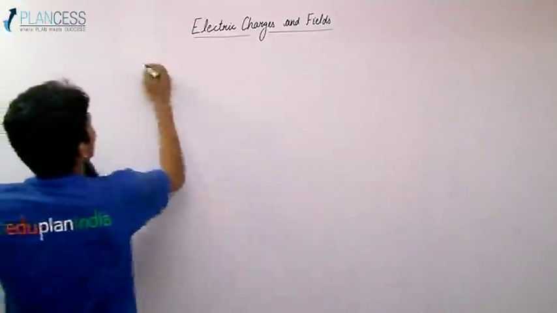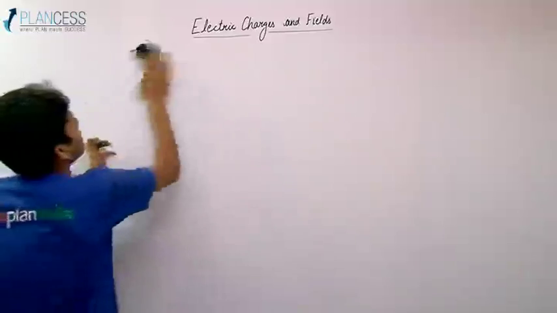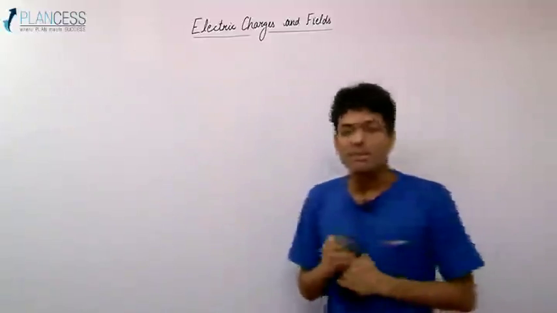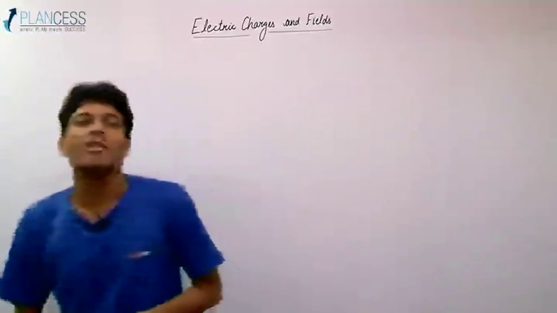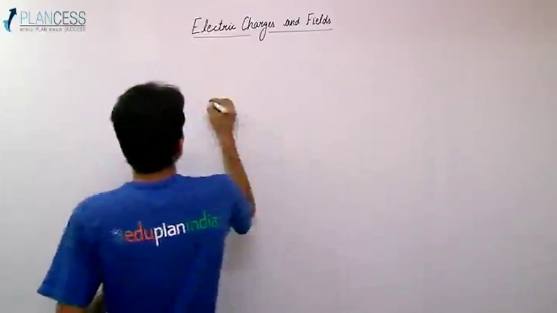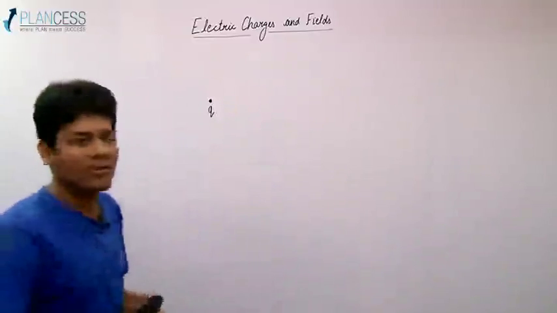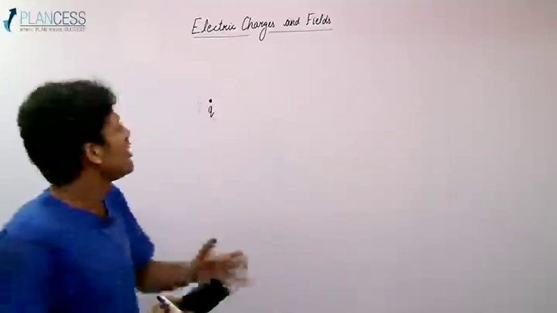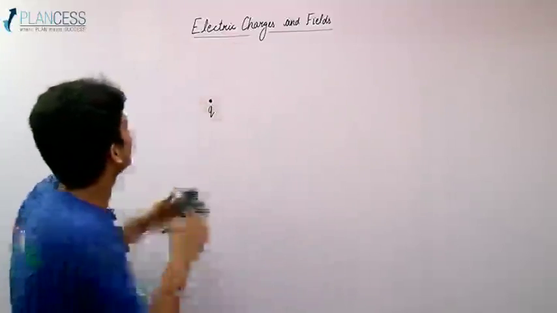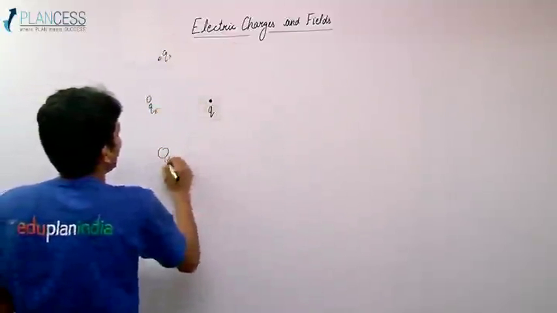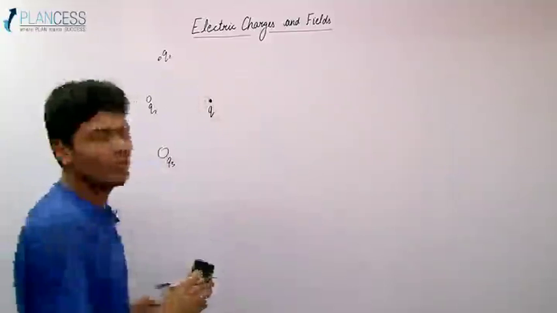Now let's study the principle of superposition. It's not much to write about it. You may have studied the principle of superposition in the chapter on force. Let's say this is a charge Q, and many electric forces are applied on this charge Q, maybe due to many charges, like Q1 here, Q2 here and Q3 here. These all apply different forces on it.